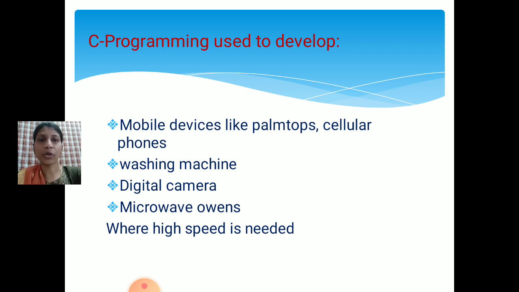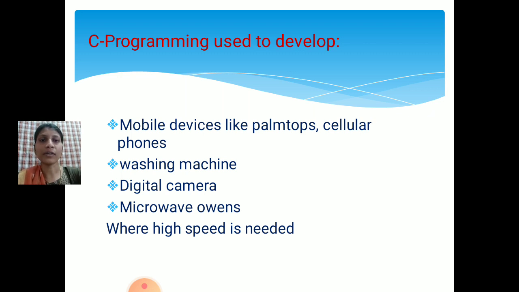We use programming languages to develop software, meaning whatever apps you are using in your mobile phones and laptops. For preparing those applications we use programming languages; that is the use of each programming language. Where exactly do we use the C programming language to develop software?